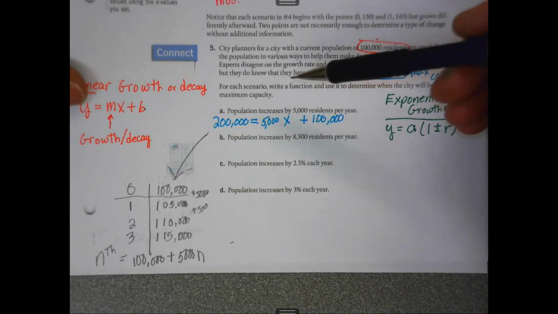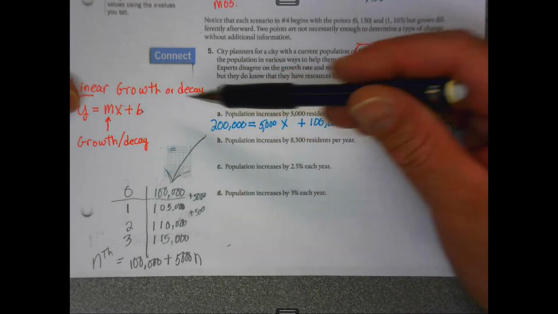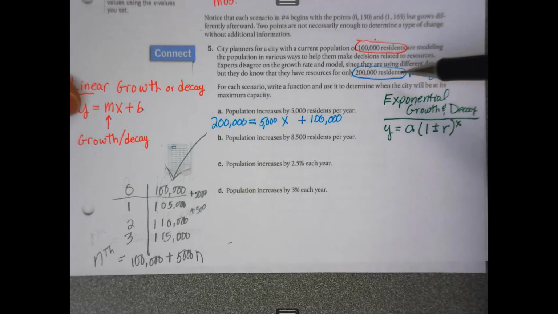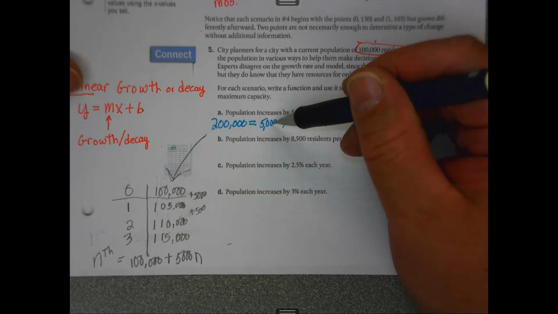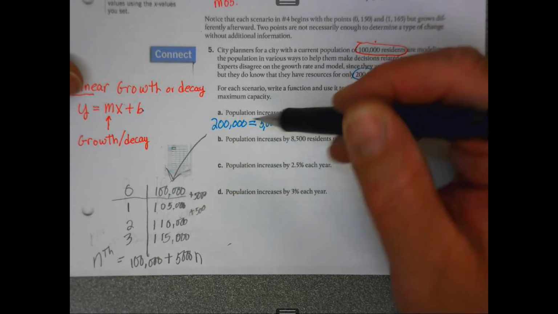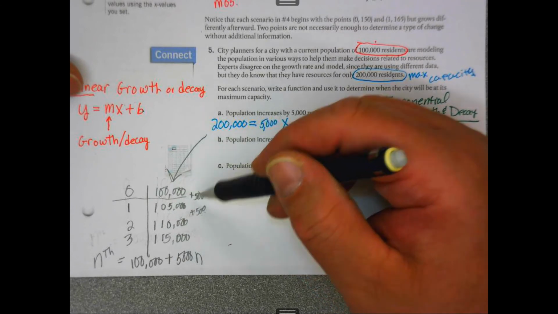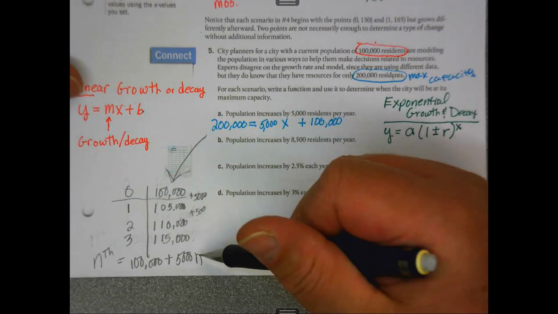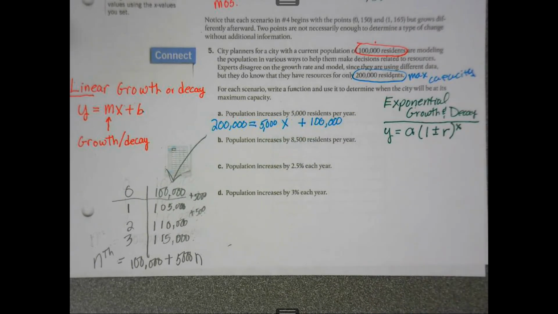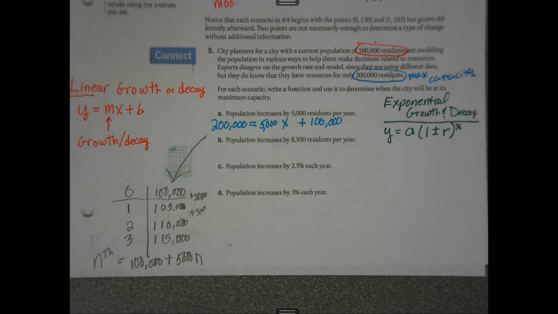I just took a shortcut using y equals mx plus b. My y was the 200,000 maximum capacity. My slope was the 5,000 that we added to each for the sequence. And then instead of the n, I used an x. So they want us to solve for x.